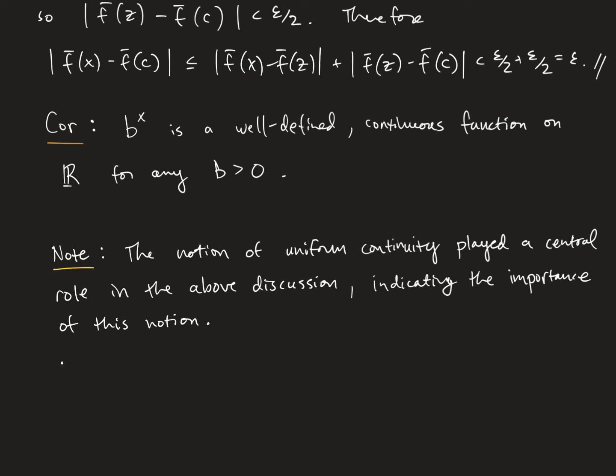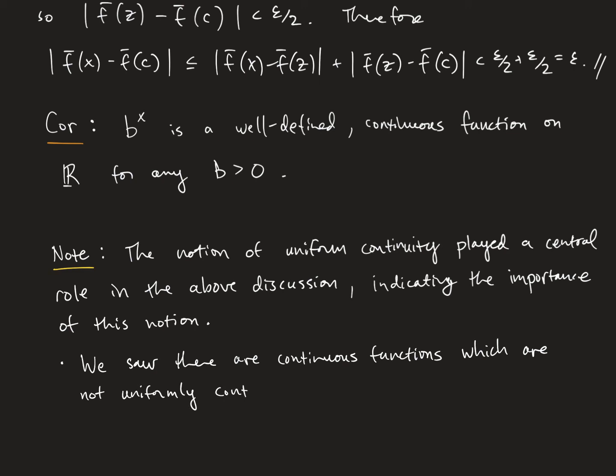So remember, we saw there are continuous functions which are not uniformly continuous, but there were a number of examples where, if we had a continuous function which was not uniformly continuous, we could restrict the domain of that function suitably so that the function did become uniformly continuous.